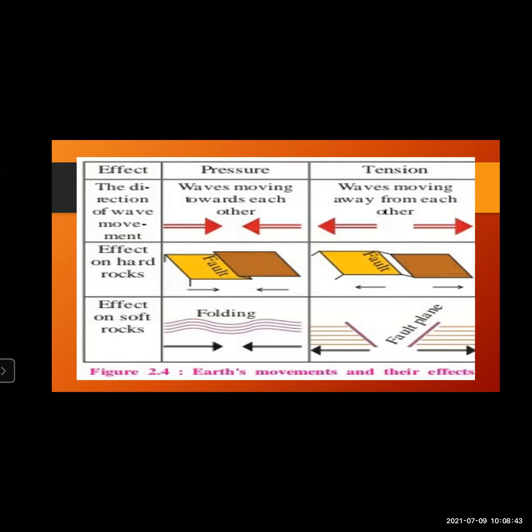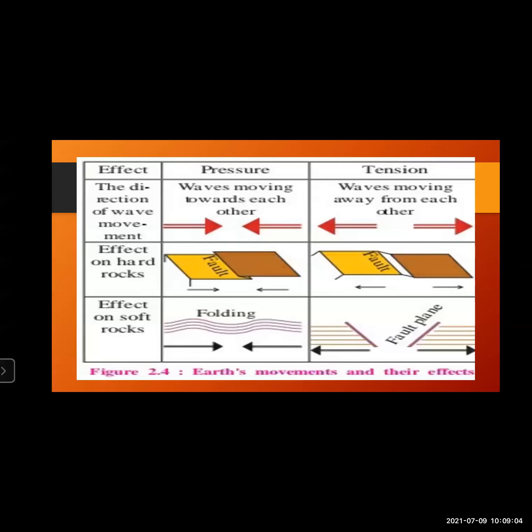This can be explained in the form of this table. What we can see on the table is the direction of wave movement, then the effect on hard rock and the effect on soft rock. Now, what is the direction?